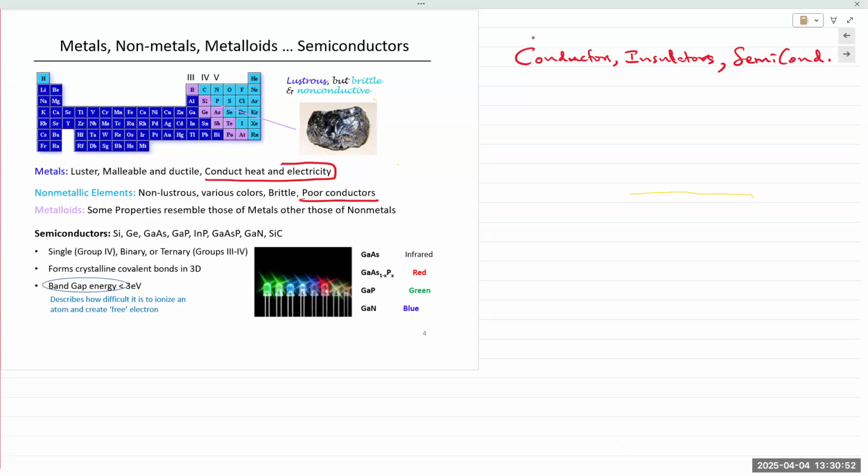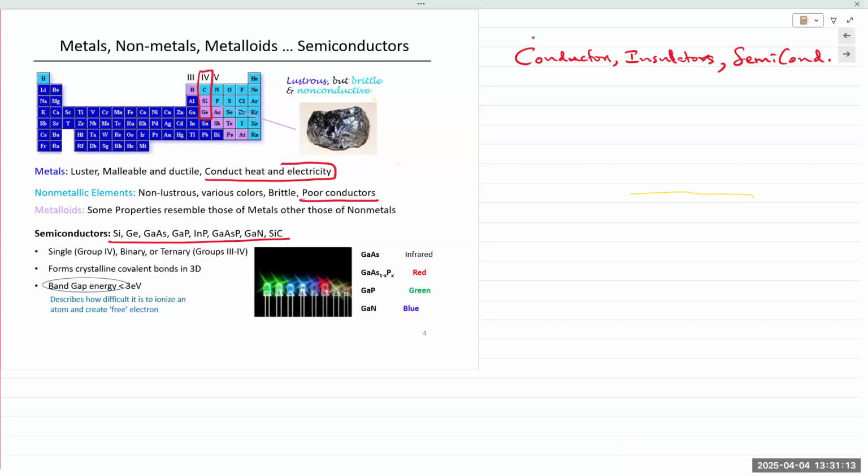Okay, and then we have semiconductors. Semiconductors are from column 4 of the periodic table. Now I'm talking about semiconductors that are in their natural state, meaning inherent ability, which is column 4 right here.